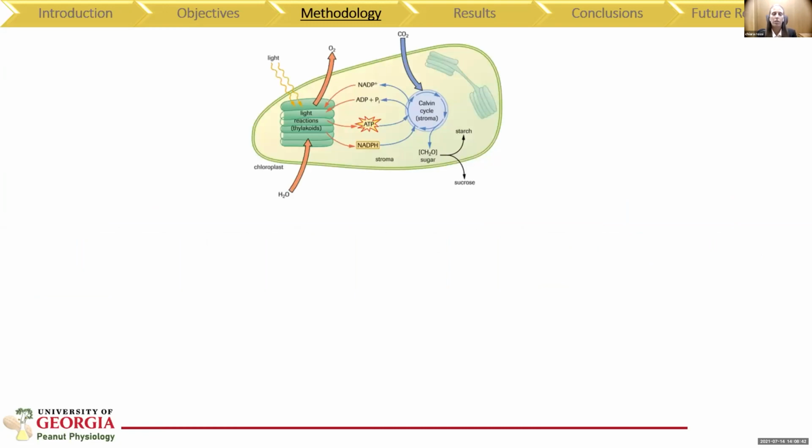Now, before moving on to the physiological parameters that we wanted to study, I want to show you the simplistic representation of a chloroplast. Chloroplasts are very important because it's where photosynthesis occurs. And photosynthesis is mostly made by 2 sets of reactions, the light reaction and the Calvin cycle.